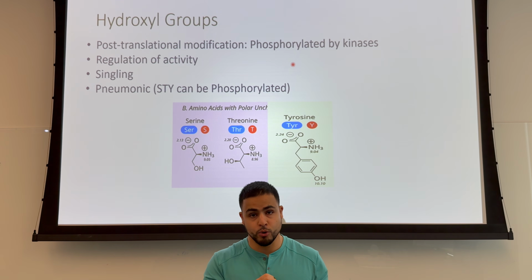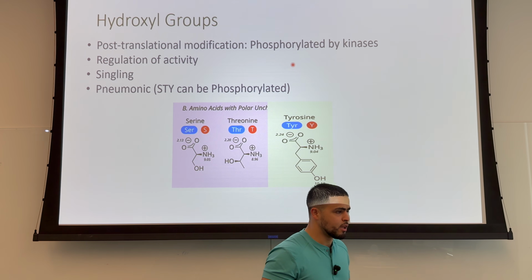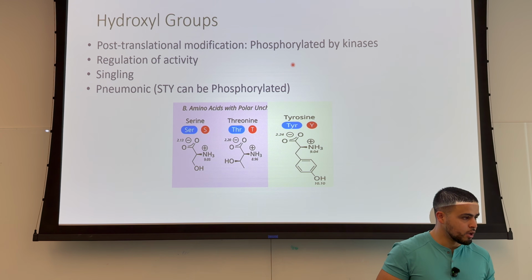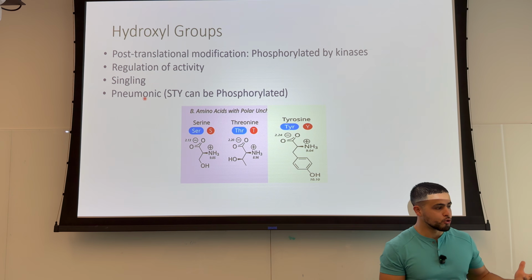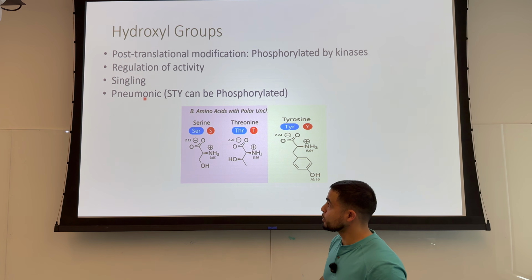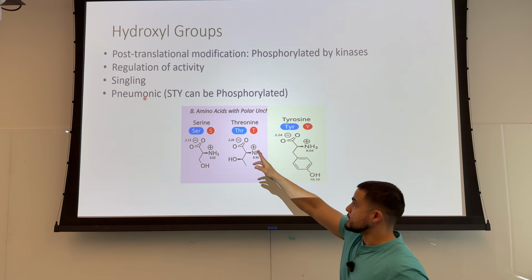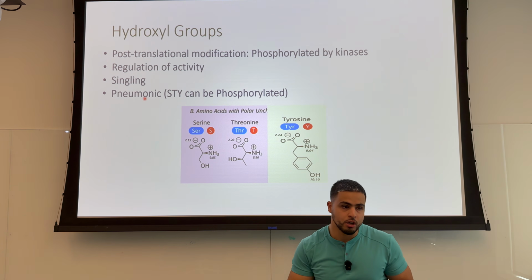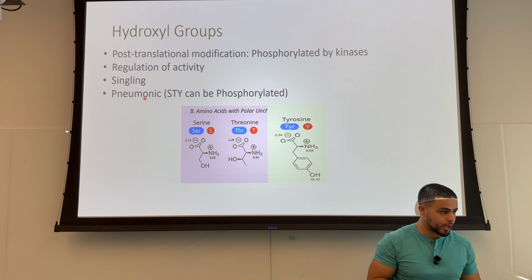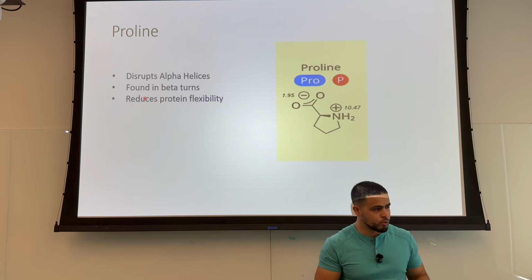Phosphatases dephosphorylate, whereas kinases phosphorylate. More on enzymes in future videos in the playlist. And then we have a little mnemonic over here. STY can be phosphorylated, so STY over there is the one-letter code for each of these amino acids, so S, T, and Y.